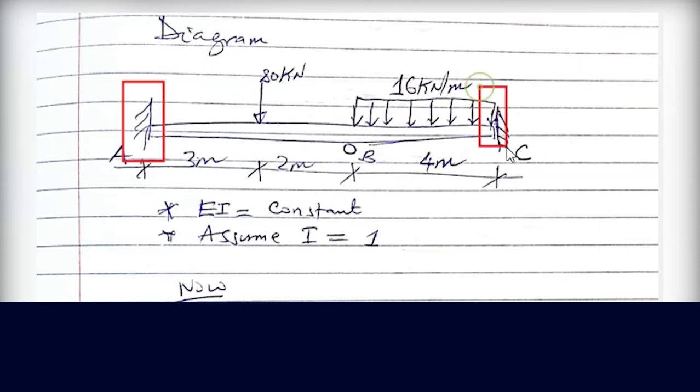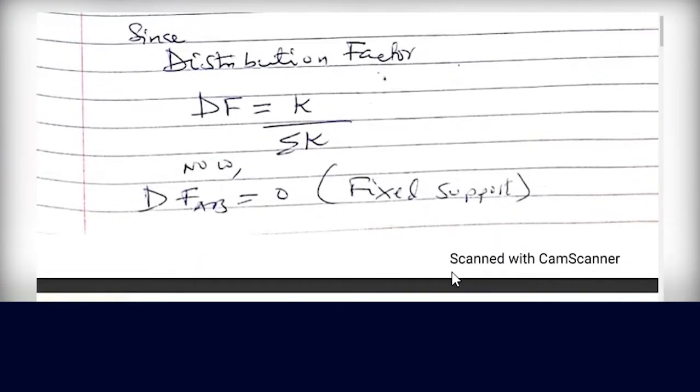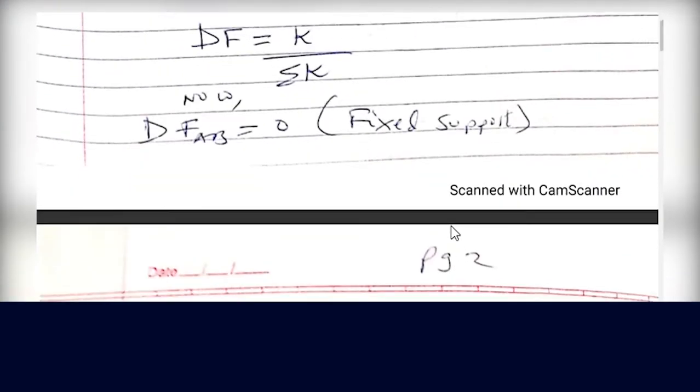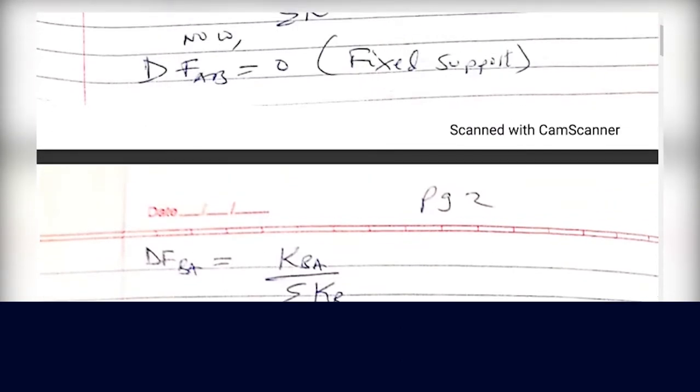The same applies here, where the distribution factor is equal to 0 because it is a fixed support. So the distribution factor at support AB should be equal to 0, which is the distribution factor for the left hand side.